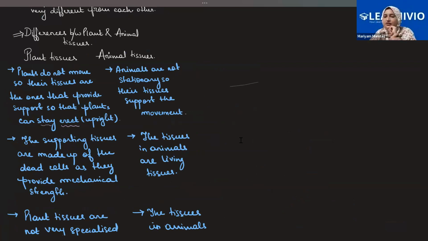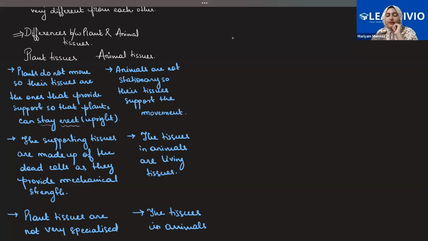Every single tissue, or the parts of the tissue, that is the cell, is responsible for performing its own particular function. Then we saw the various differences between plant tissue and animal tissue, because plants and animals are completely different organisms, and depending upon their differences, there are differences at the tissue level also.